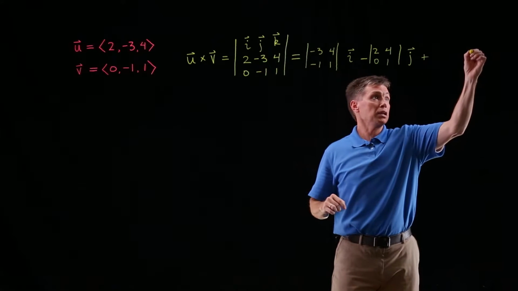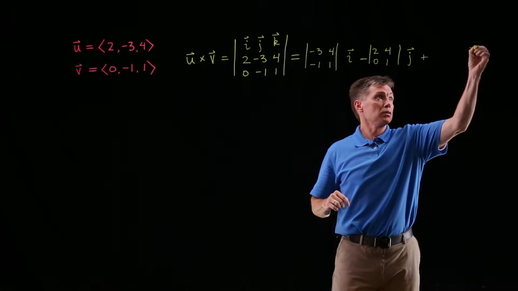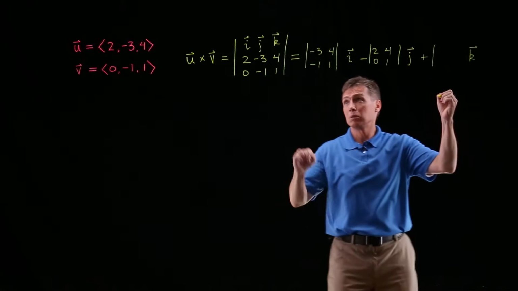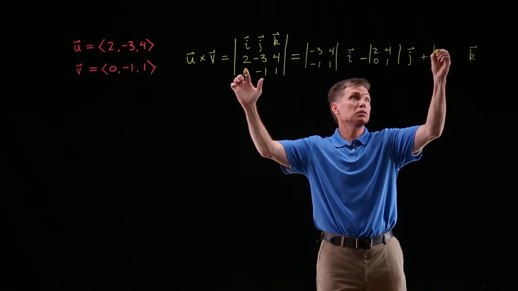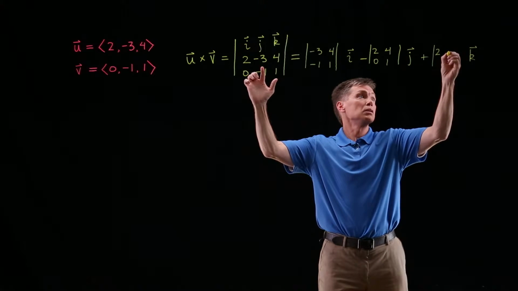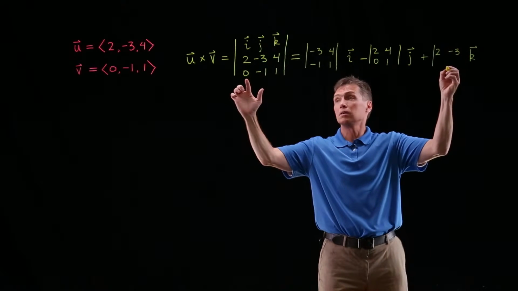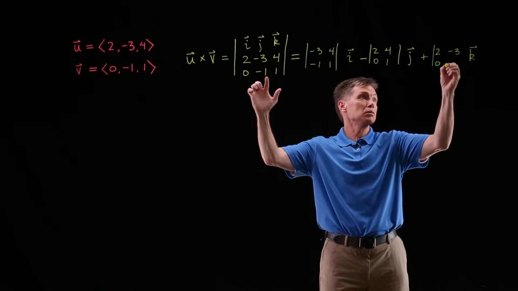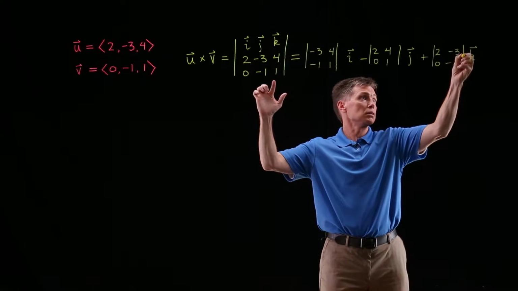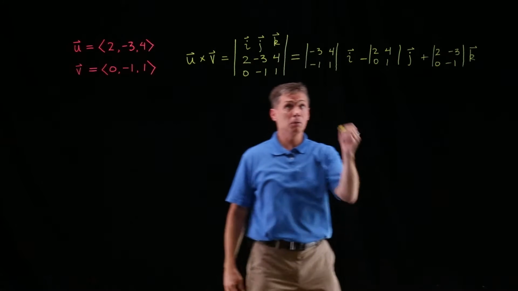And finally, my k vector multiplies the determinant of the submatrix 2, minus 3, 0, minus 1. Okay, we're set up, ready to go.